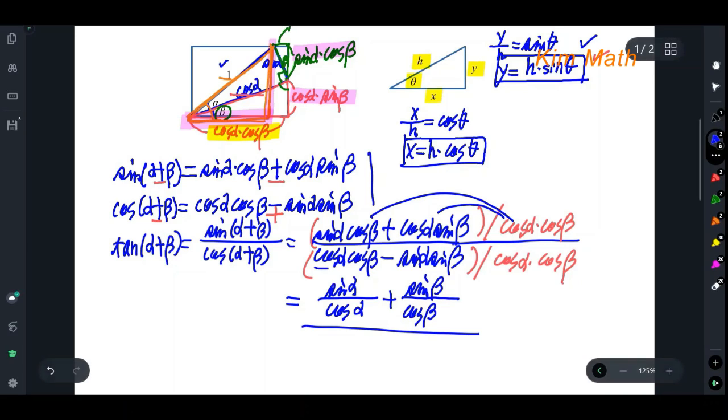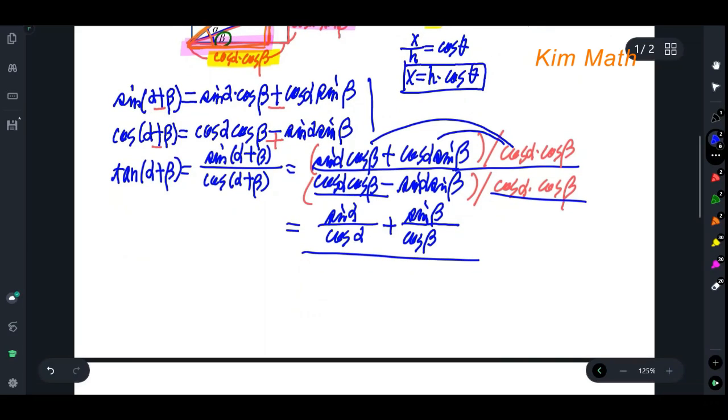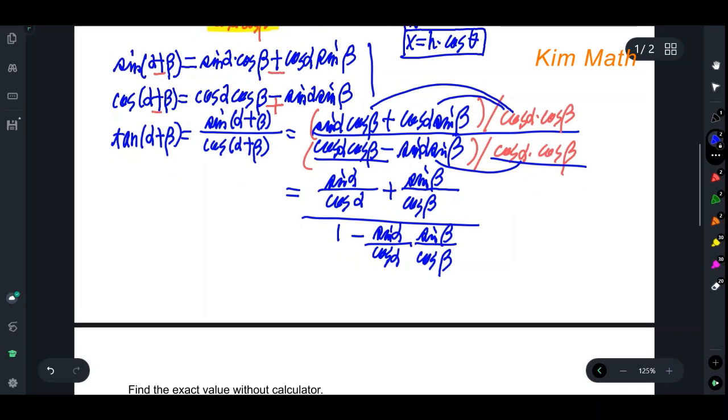And when you divide this one by this one, please note that they have exactly the same expression, so you have only one left. And this divided by this, no cancellation, you have sine alpha over cosine alpha times sine beta over cosine beta. Okay? Now, one more step.